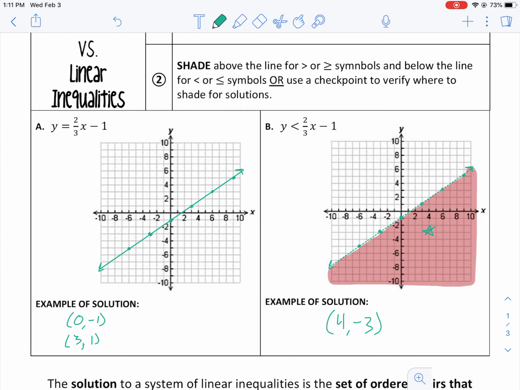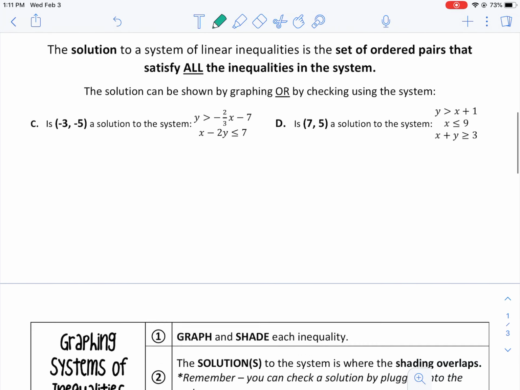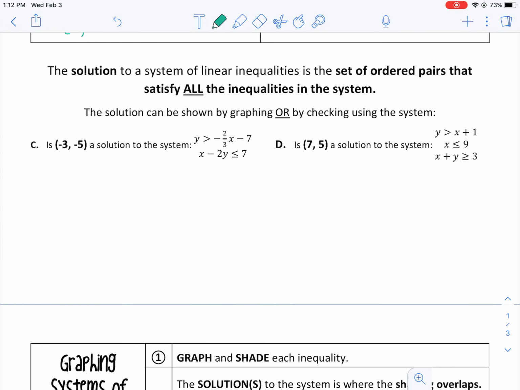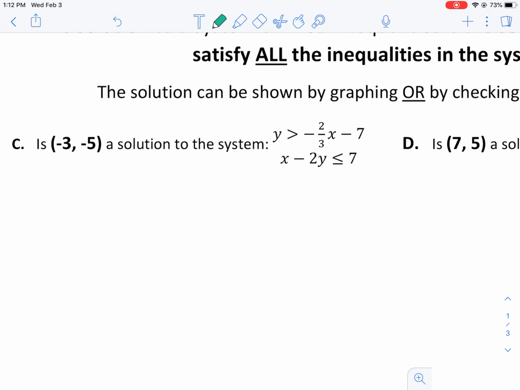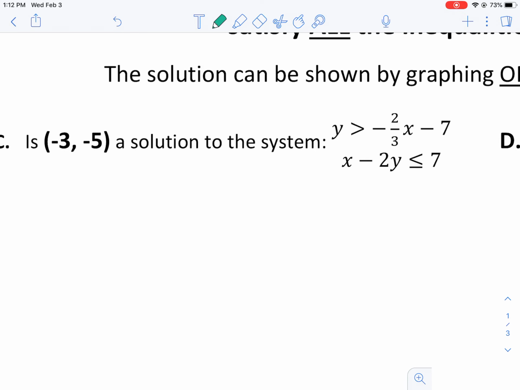So what we're going to be doing is we're going to be looking at systems, all right, of inequalities. So first, before we start actually graphing though, how do you check to see if something is a solution? What does that mean, right? So for something to be a solution to a system, it has to satisfy both equations, all right?